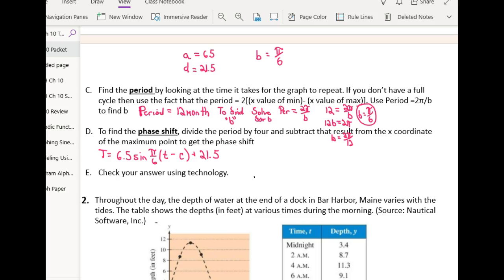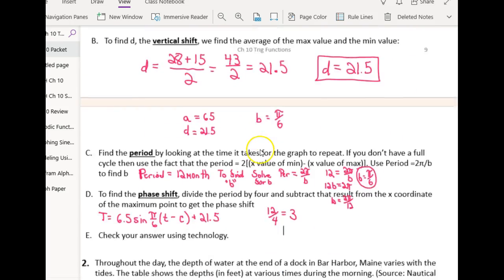Now subtract that from the x-coordinate of the maximum point to get your phase shift. You took 12 divided by 4, that gives you 3. What's the x-coordinate of the maximum? January, which is 1.